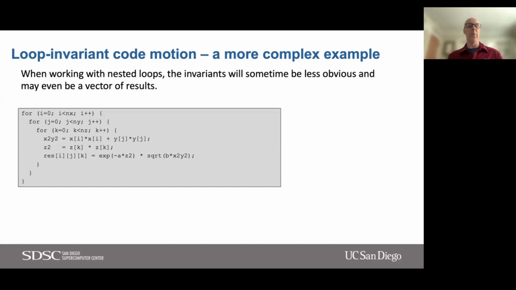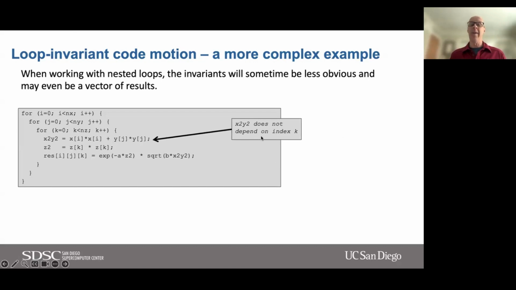We have a kernel here with 3 nested loops, where I'm looping over the x dimension, the y dimension, and the z dimension, so over a 3-dimensional grid. I'm calculating the quantity x squared plus y squared, calculating the quantity z squared, and then doing this calculation: e to the minus a z squared times the square root of b times x squared plus y squared. The actual calculation was a little bit different, but I simplified it for this presentation.